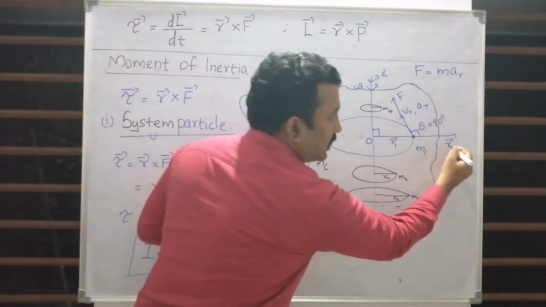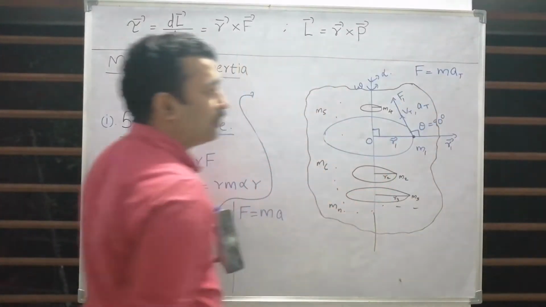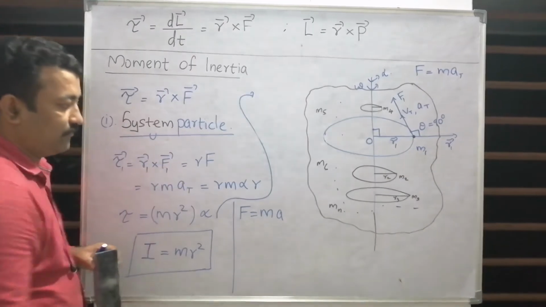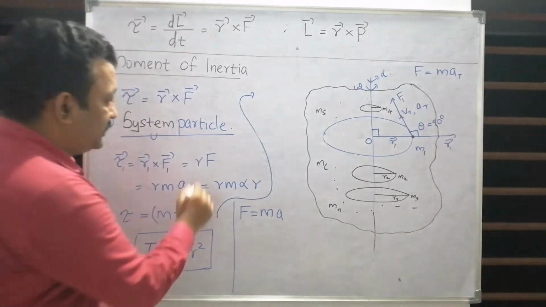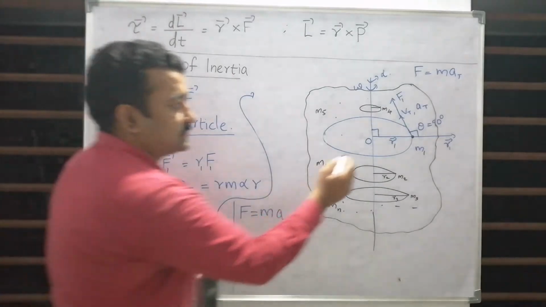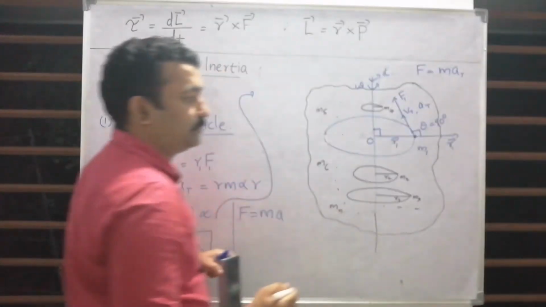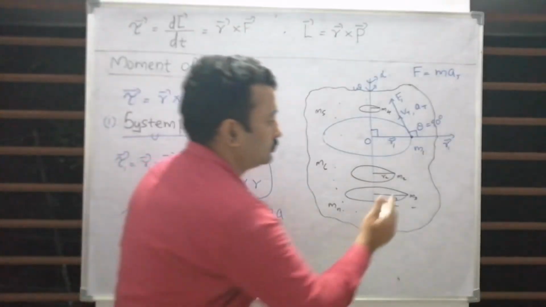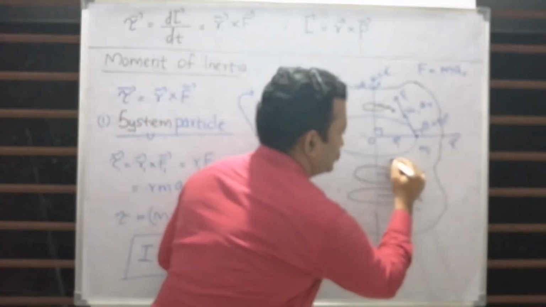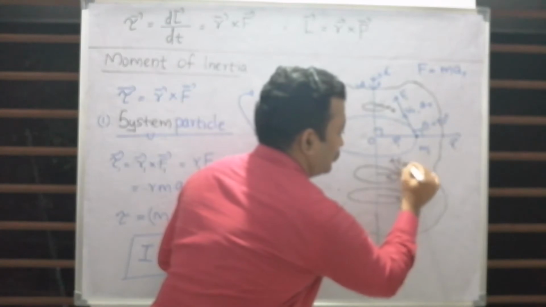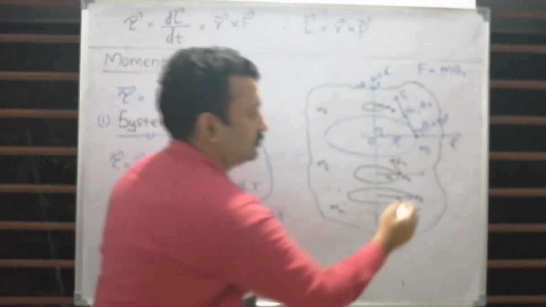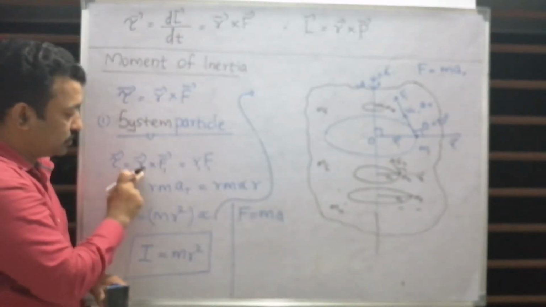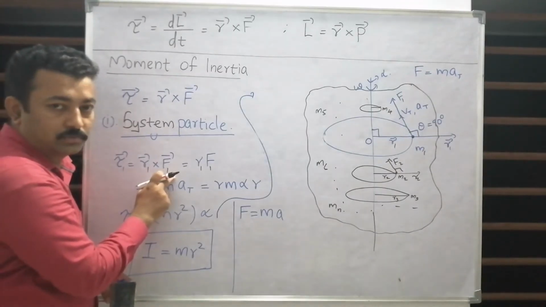I call this r1 and this f1, so tau 1 is equal to r1 cross f1, which is r1 f1 as r1 and f1 are perpendicular. Similarly for r2, with f2 acting on it, tau 2 is equal to r2 cross f2.